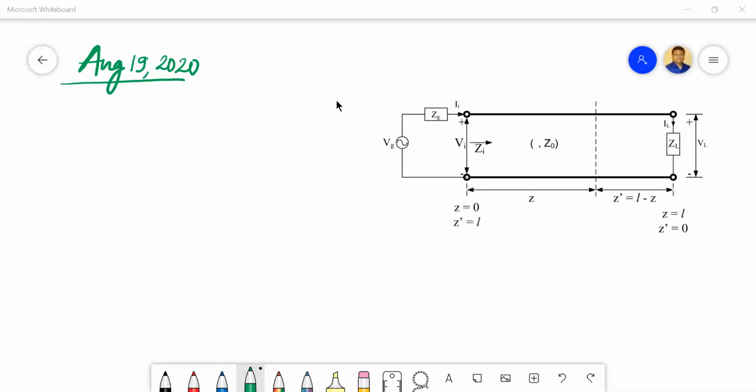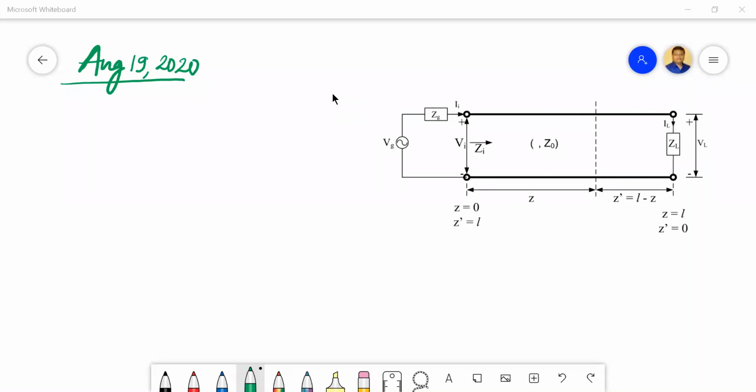Certain conventions and parameters were assigned: if you start from the source, z is equal to 0, and if you go up to the end of the transmission line, which is the length of the transmission line L, then z is L.